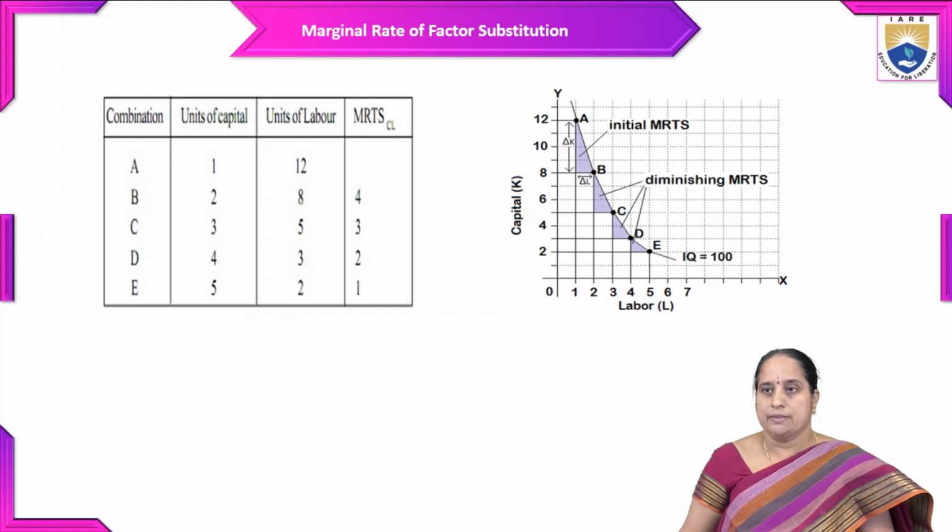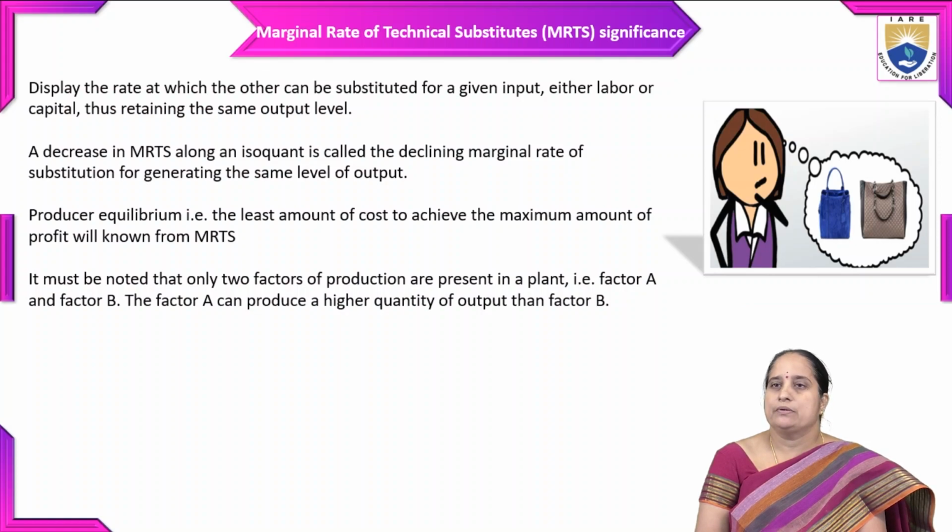What is the significance of MRTS, marginal rate of technical substitution? It displays the rate at which one can be substituted for the other for a given input, either labor or capital, thus retaining the same output level. A decrease in MRTS along an isoquant is called declining marginal rate of substitution for generating the same level of output.